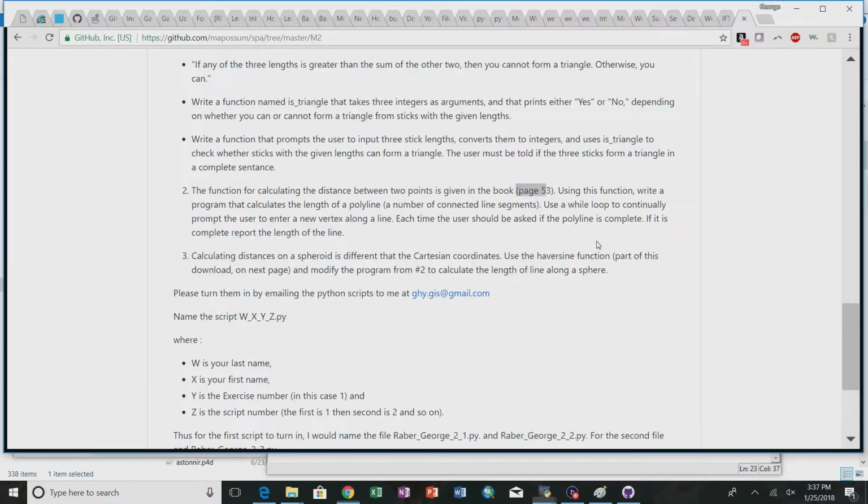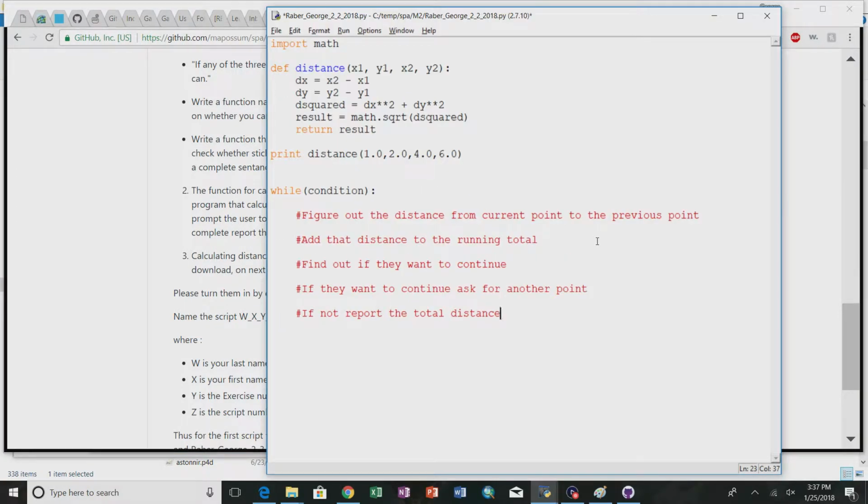I'm pretty sure that fulfills the requirements. Using the function, write a program that calculates the length of a polyline, as well as we can only prompt the user for a new vertex along the line. Each time the user should be asked if the polyline is complete. Okay, if it is, it reports the length of the line. That'll work. All right. So we need to fill this out with code logic.